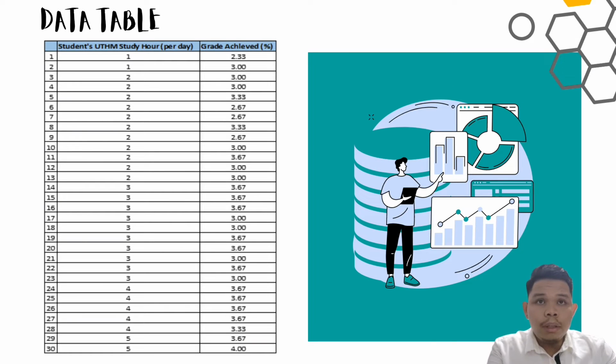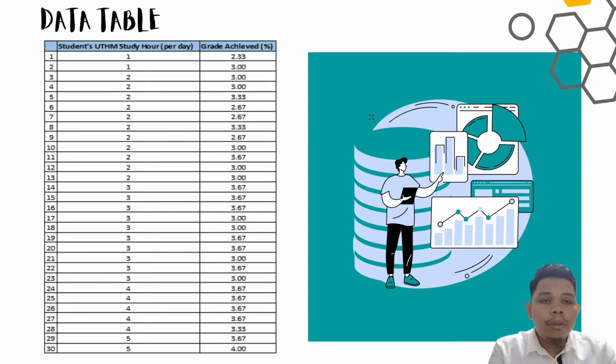Okay, for the second one, the data table. From the data table, we can see the UTHM students' study hours per day and the grade achieved. We can see the lowest is a 2.33 grade achievement, where the student studies only 1 hour per day.